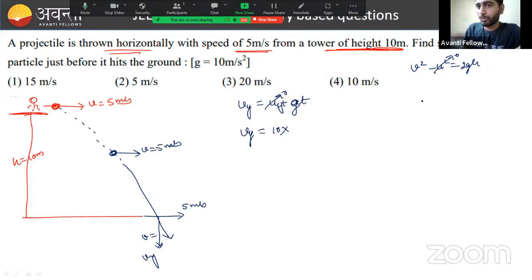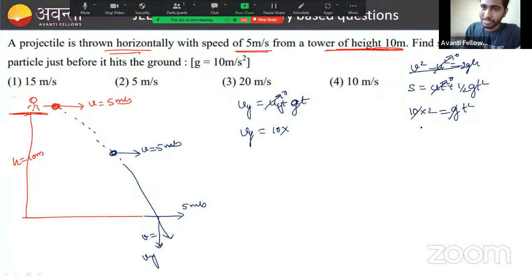No, absolutely you won't get t here, because for t we have to use this formula, right? S is equals to ut plus half gt square. Initial velocity is 0 and the displacement, the height they gave, is 10 meter. 10 meter into 2, multiply here 2, is equals to g into t square. g and 10 will be cancelled because both are the same value.